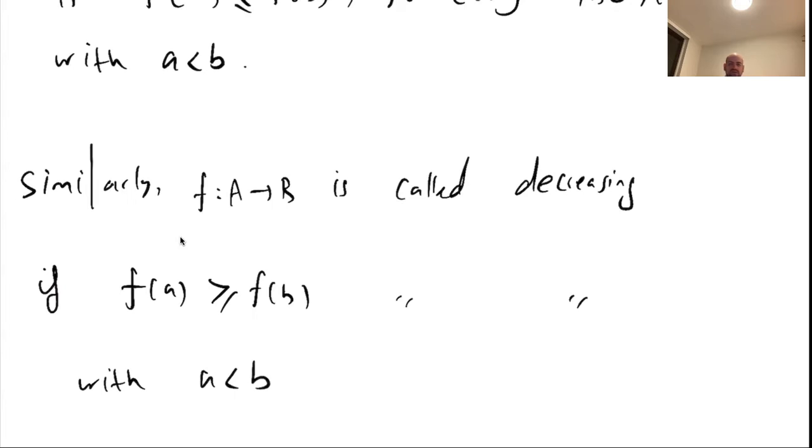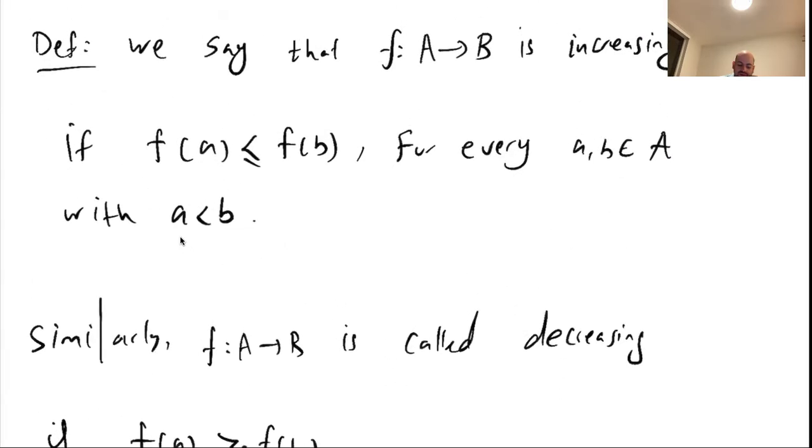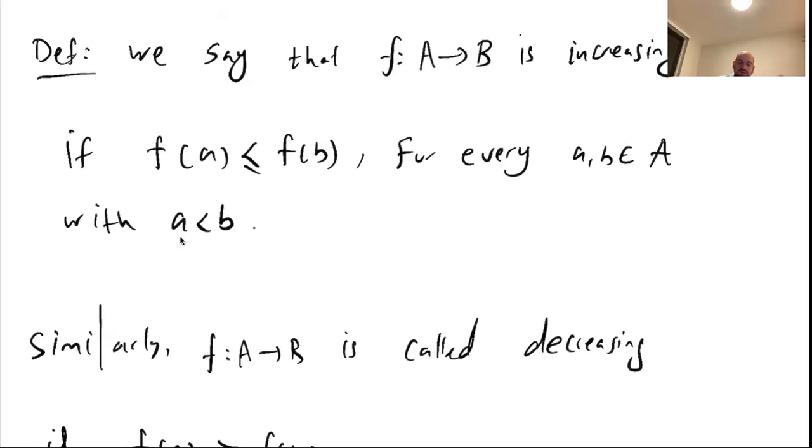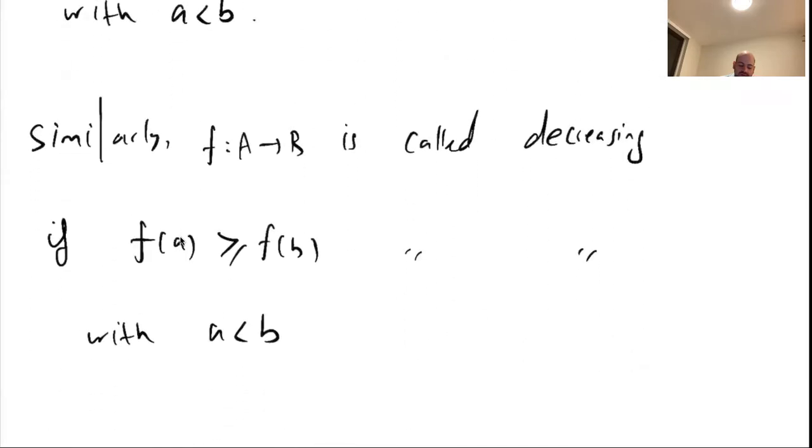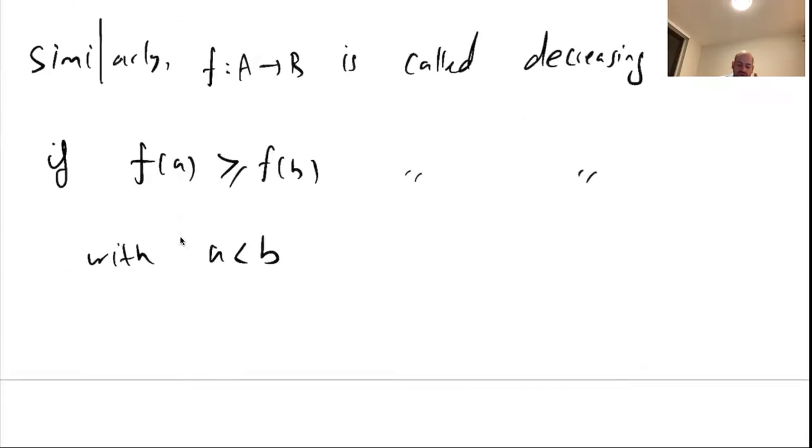So decreasing means as you increase the inputs, the outputs must decrease. See, in the increasing, as you increase the input from a to b, the output also increases from f of a to f of b. But here, as you increase the input from a to b, the output decreases from f of a to f of b.